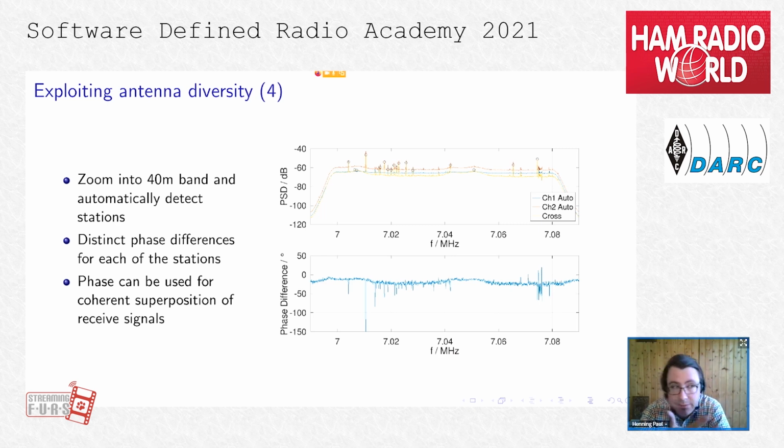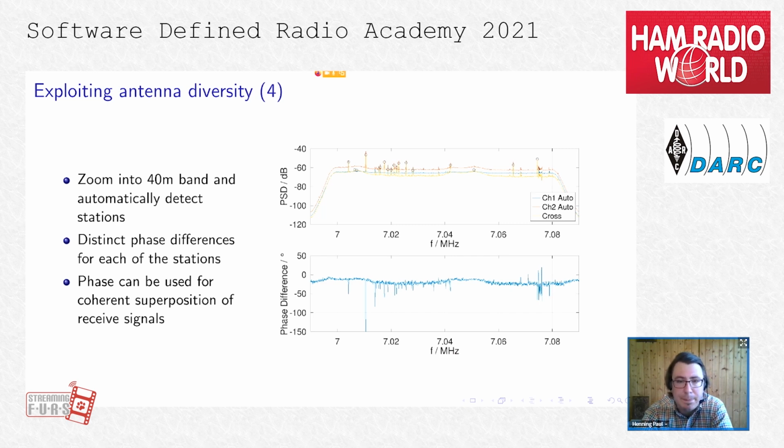Because somehow, even if my setup was a bit, say, improvised, my two antennas received the signals somehow differently, with a different phase. This could be just due to the different time difference of arrival, but this may also be that the field components are somehow different at these two antennas.